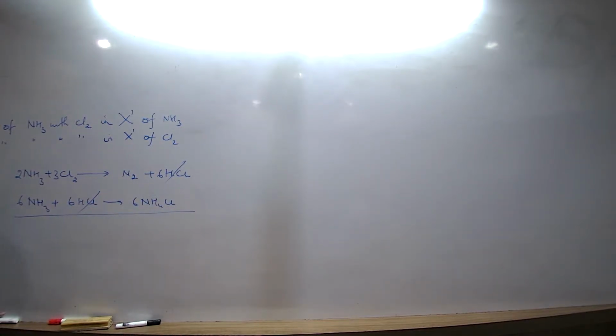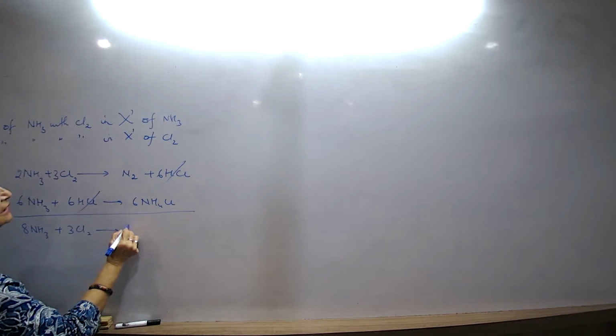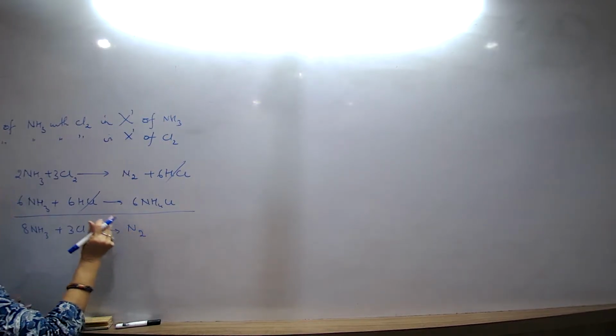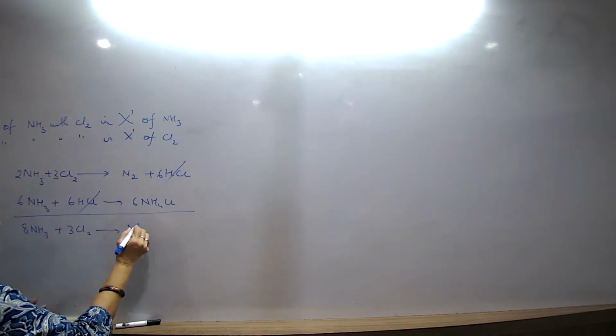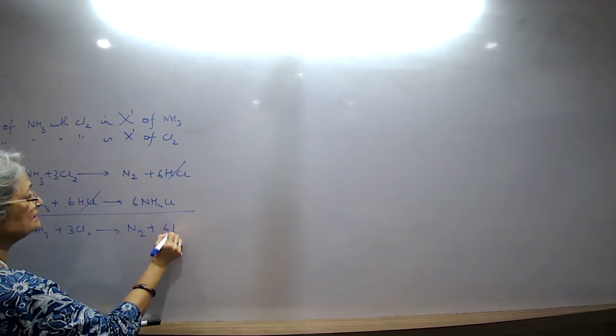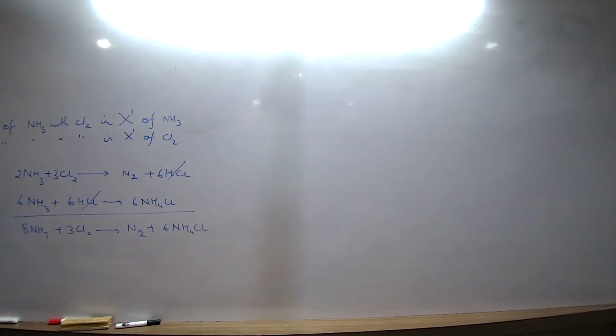You have to cut it out. Therefore, you're going to get 8 ammonia plus 3 chlorine gives nitrogen plus 6 ammonium chloride. This is your final reaction.